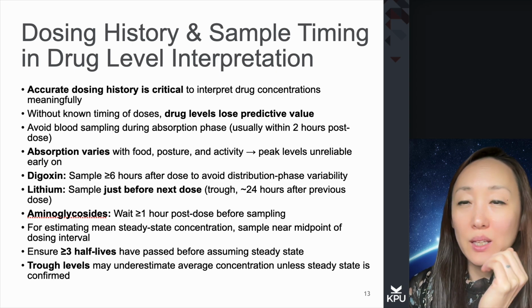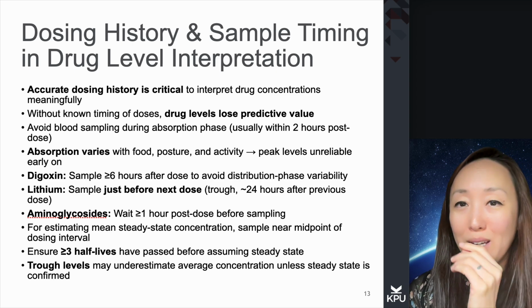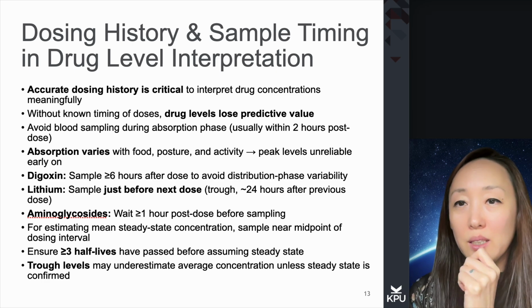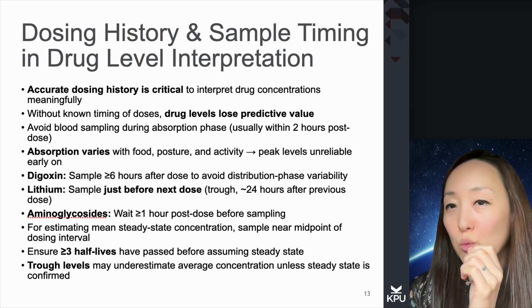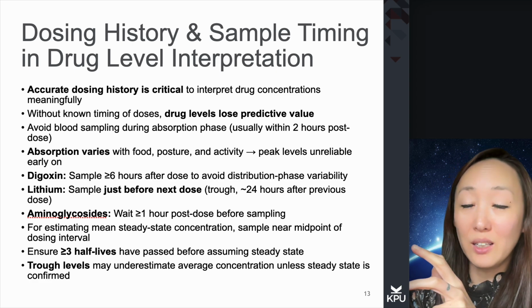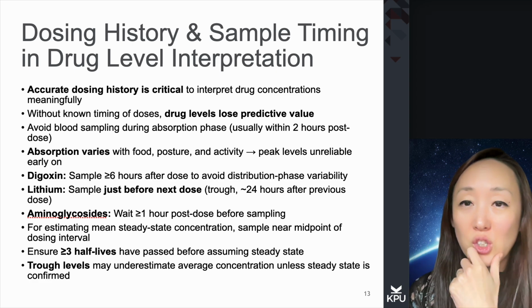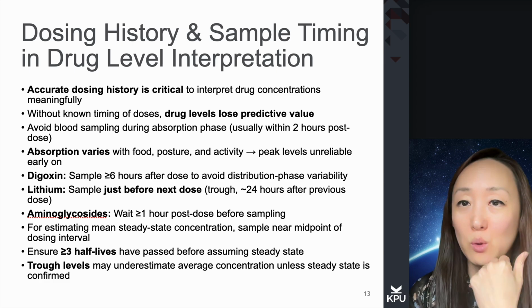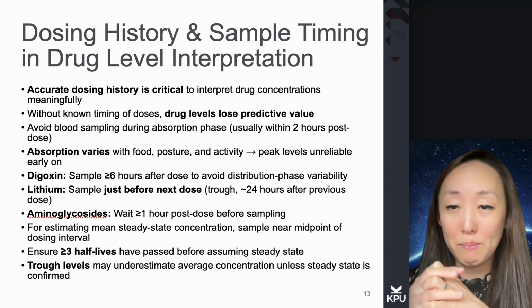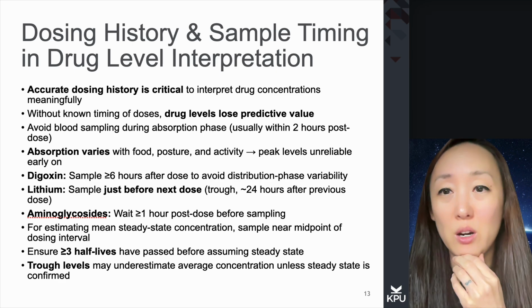So a patient dose might not be perfect, but if the sample was taken at the wrong time or the right time, we might be mistakenly or accurately changing therapy. And of course, depending on which way we go, we might be making a mistake that could even cause harm.